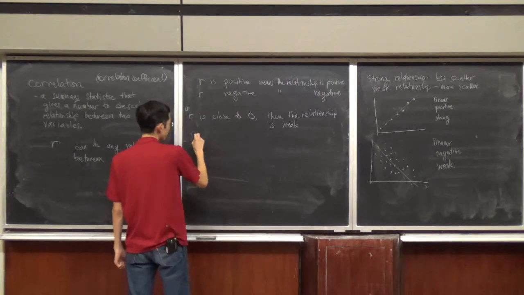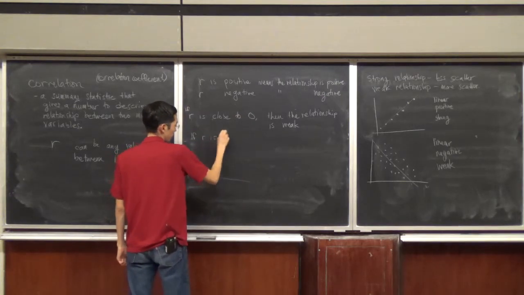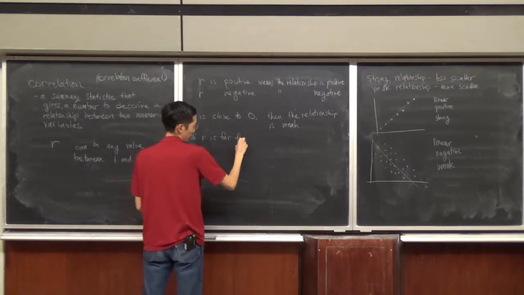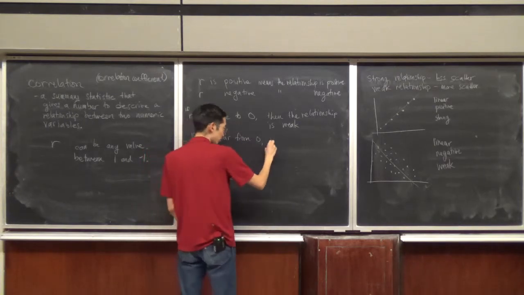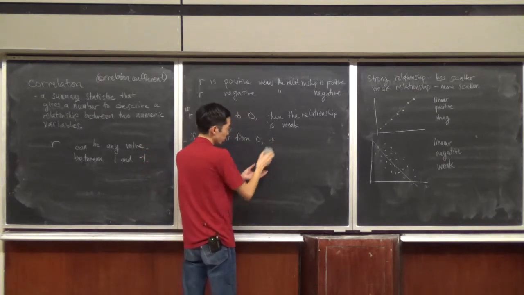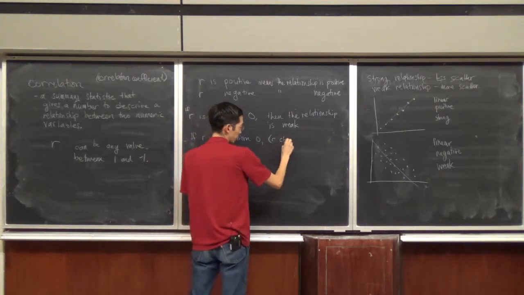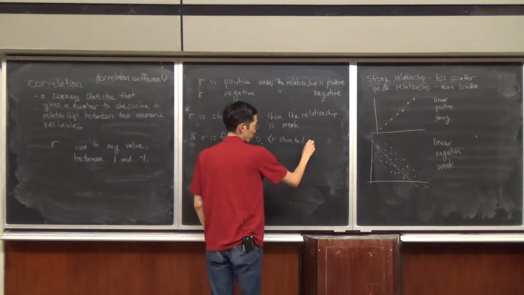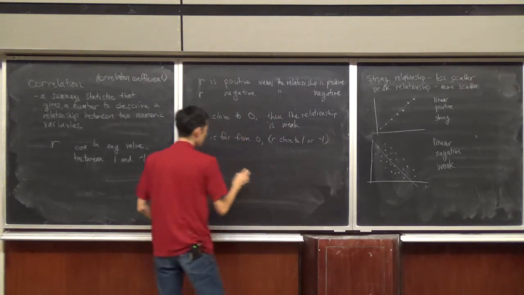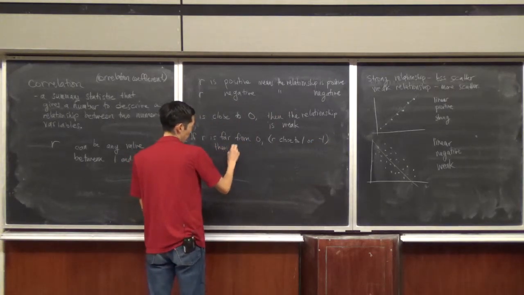And if R is far from 0, which means R is close to 1 or -1, then the relationship is strong.